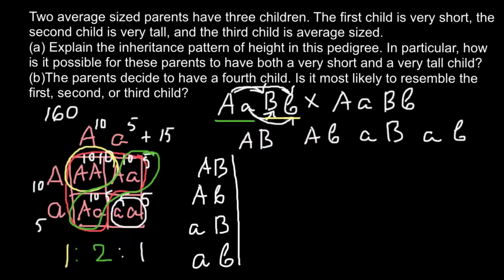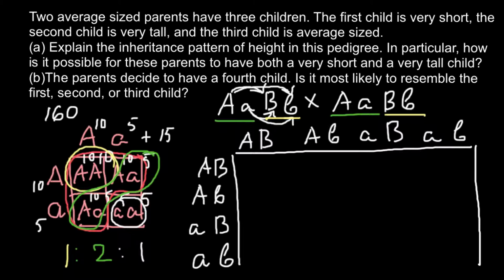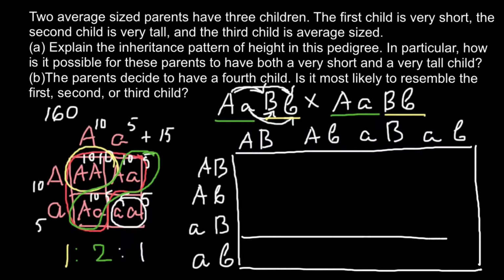The first example was when we had only one gene with two alleles, and the distribution was 1 to 2 to 1. And this time our grid would be 4 by 4 cells, so the total number of cells would be 16.